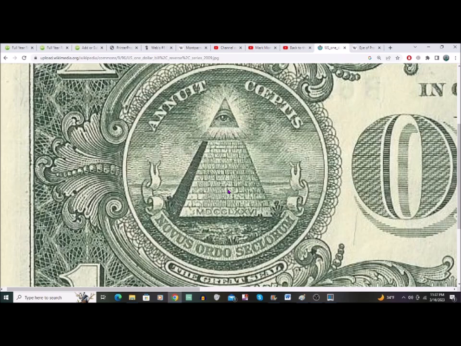The caveat is this image that I'm decoding, the dollar bill image, was taken from Wikipedia. So it's only as good as the image that's on Wikipedia.